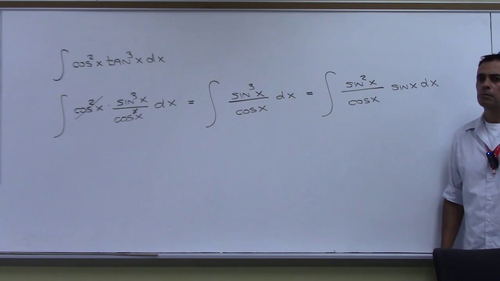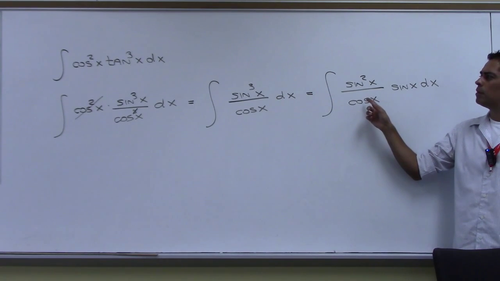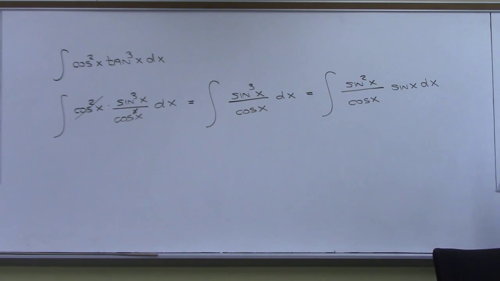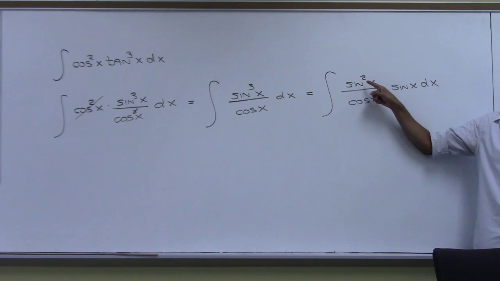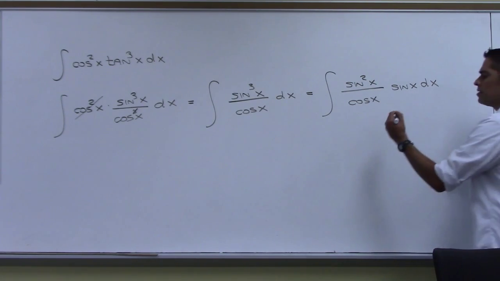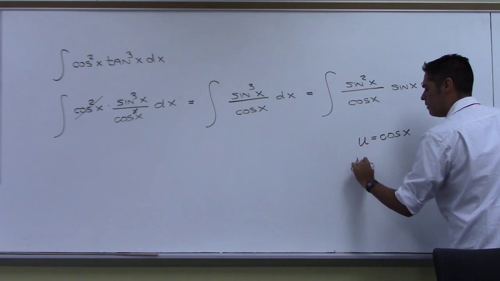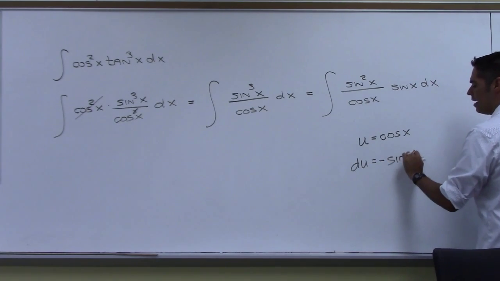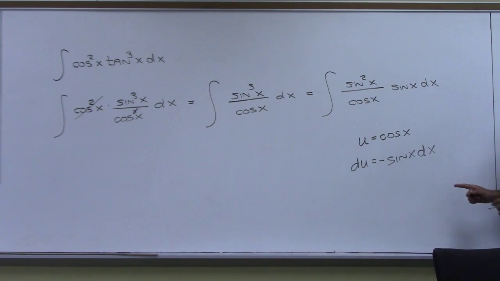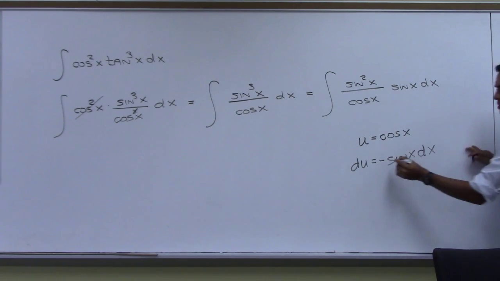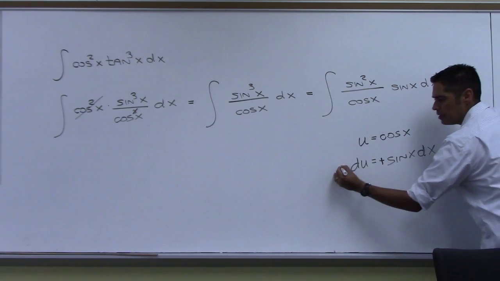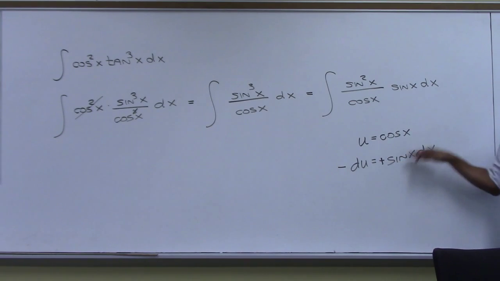You might be able to do integration by parts, but we're trying u sub right now. Why not turn it into 1 minus cosine squared? Remember what u is going to be here. u is cosine x, the derivative of that is negative sine x dx, which I can make positive by changing that to a plus and that to a minus. So I'll be able to deal with that.